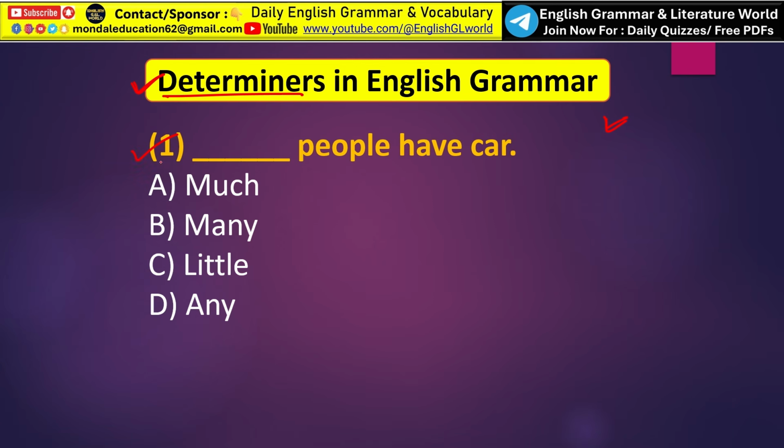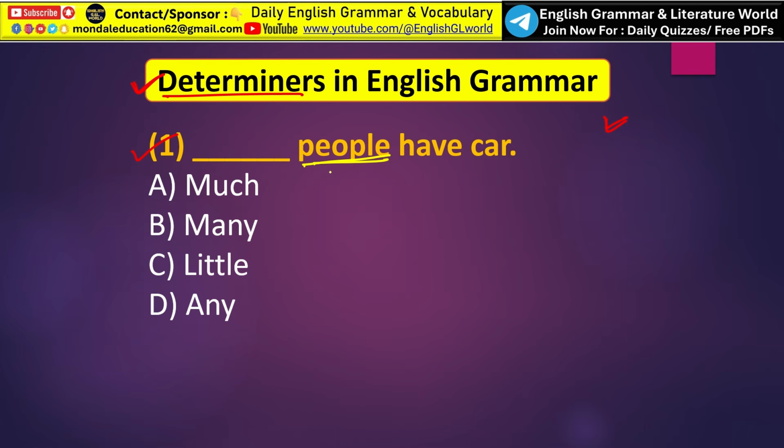Look at the first one. Dash people have car. Look at the options. Is it much? Is it many? Is it little? Or is it any? Which one is the correct answer? First of all, you have to identify the noun part of the sentence. Here the noun part is people.